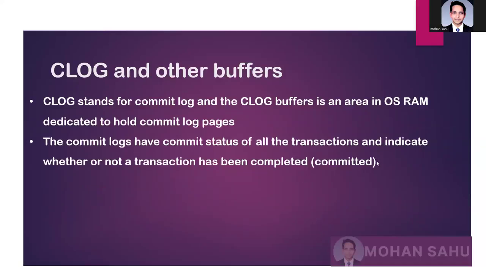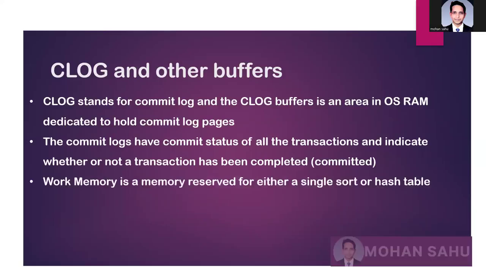In case of crash recovery, that commit log buffer will be referred to by the PostgreSQL database engine, so that we can do roll forward or roll back as per the transaction status.